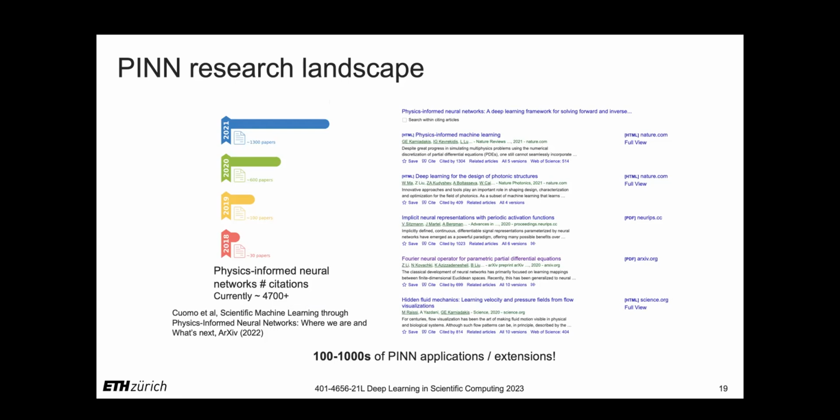There are now nearly 5,000 citations of the paper. And if you look at the top citations, there are hundreds to thousands of extensions of PINNs. If you're really interested in PINNs, I would definitely recommend a review paper that came out, which is very interesting and tries to cover these extensions, and there are many other reviews as well.